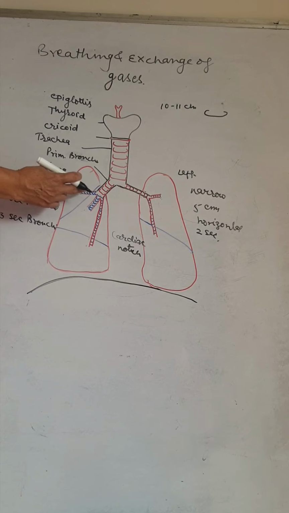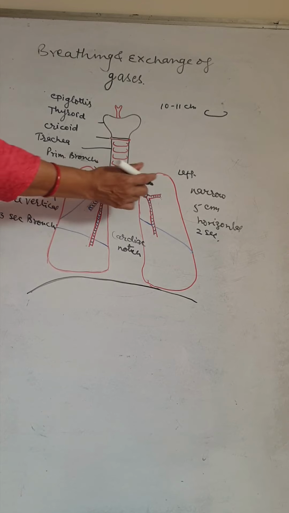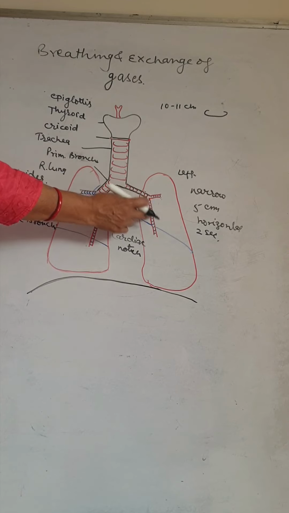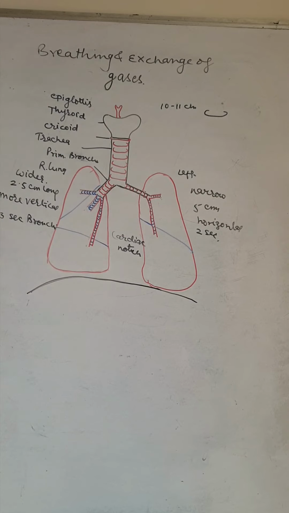The secondary bronchi are also covered by C-shaped cartilaginous rings, as the trachea is. The secondary bronchi then divide into tertiary bronchi, which we will discuss in the next diagram.